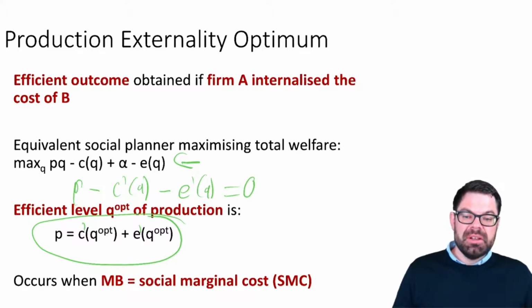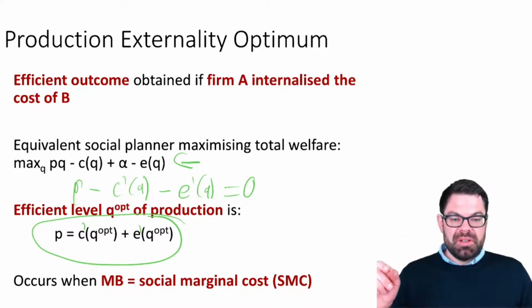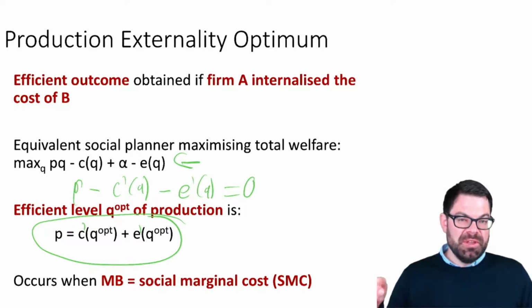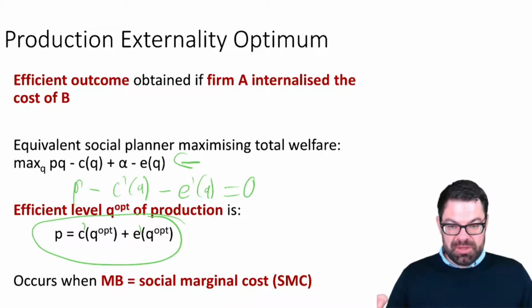Right? So here you have the marginal benefit, which is the price, and that has to equal not the individual marginal cost, but the social marginal cost.